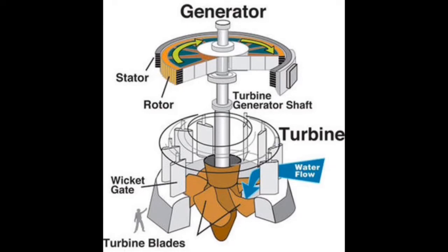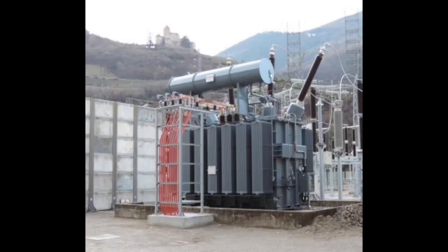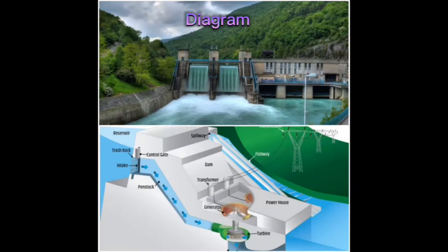The electric generator used in the hydroelectric power plant converts the mechanical energy of the water turbine into electrical energy. Lastly, transformer. The electricity generated by the hydroelectric power plant is not at the appropriate voltage to be used at home or for other general purposes, which is why transformers are used at the hydroelectric power station.